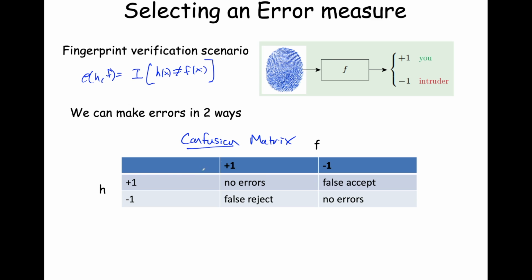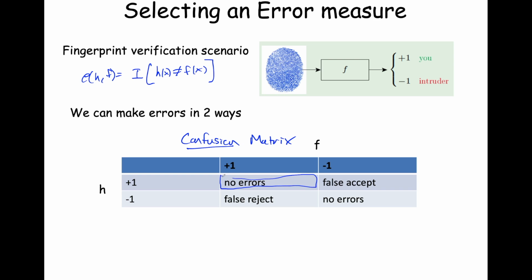So if we look at those entries in our confusion matrix along the main diagonal, those represent all of those cases where the hypothesis agrees perfectly with the ground truth target function for a particular input. So this is pointwise error we're talking about. Now, in the upper left-hand corner, well, that's no error.